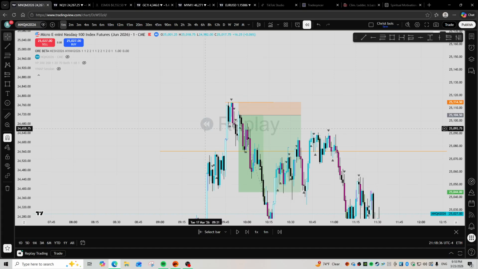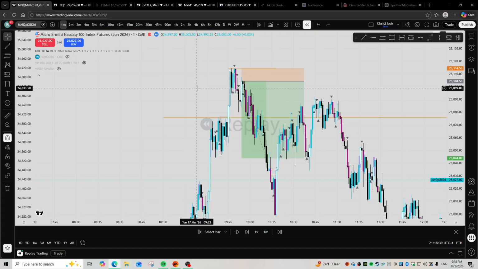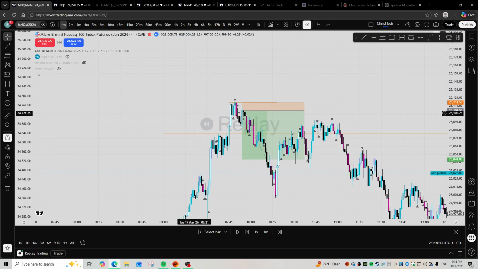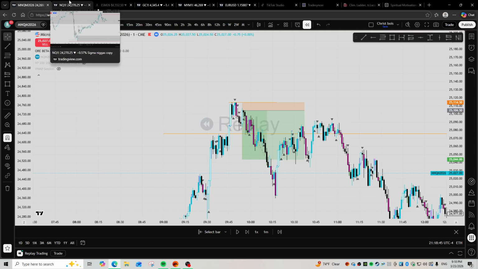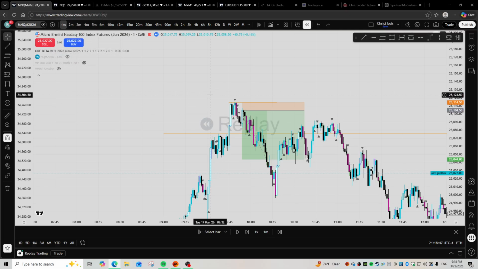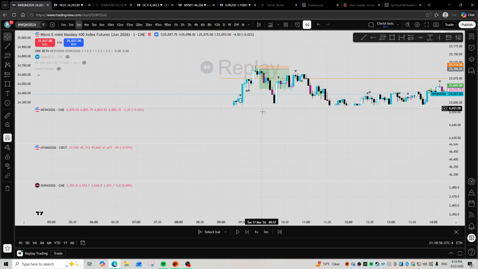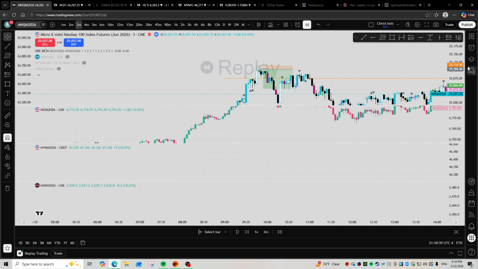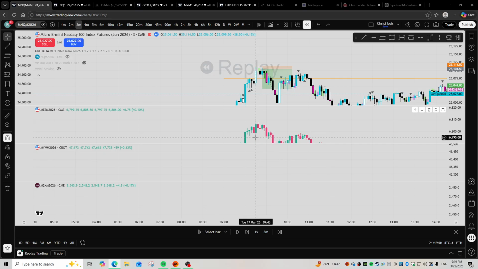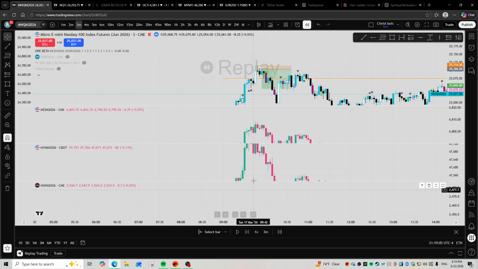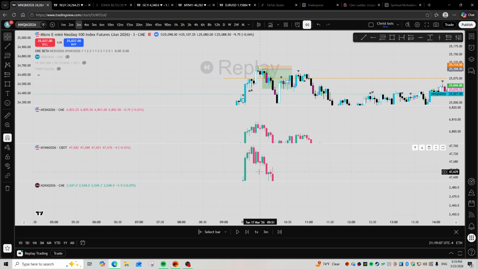So here's what I don't understand. In this case, there's no order block here. And on no chart is there even an order block, even when this range is rebalanced right here.